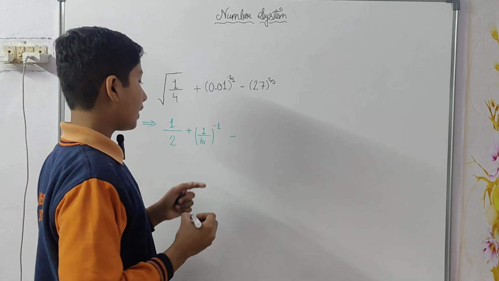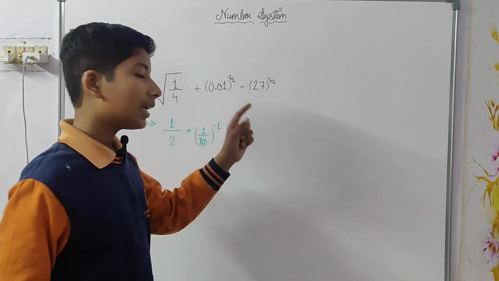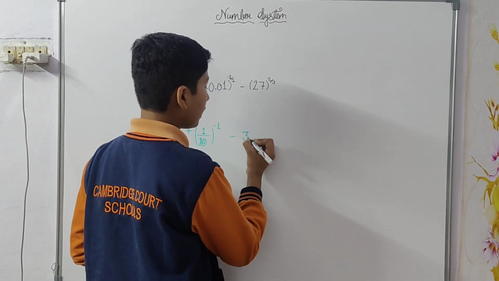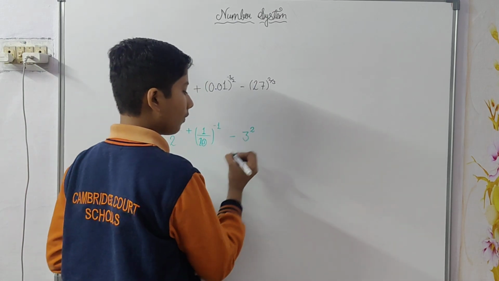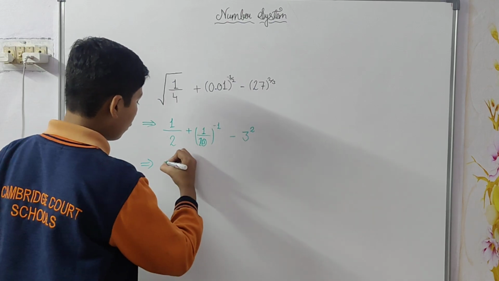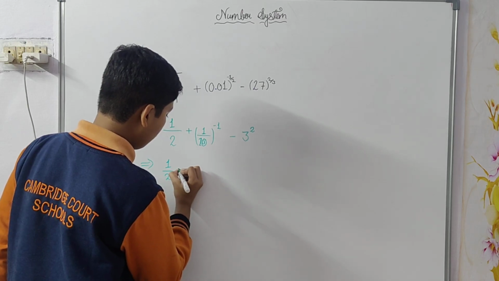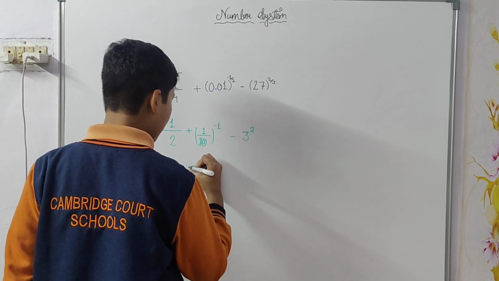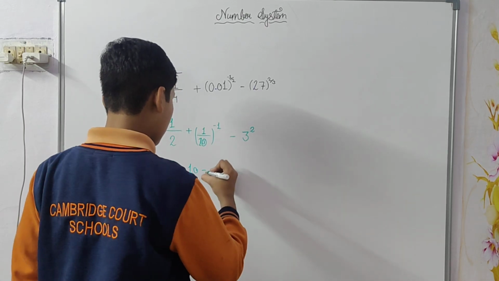And minus 27 root. What is the 27 root? 27 root is 3. I mean cube root. 27 cube root is 3. And what will be left? 3 square will be left. Now 1 by 2 plus 1 by 10 to the power minus 1 will be 10. 10 minus 3 square is 9.